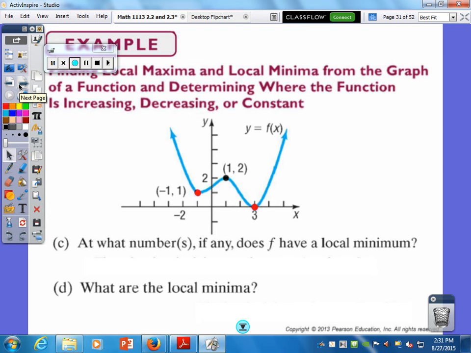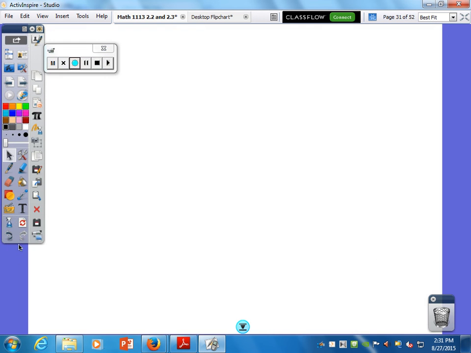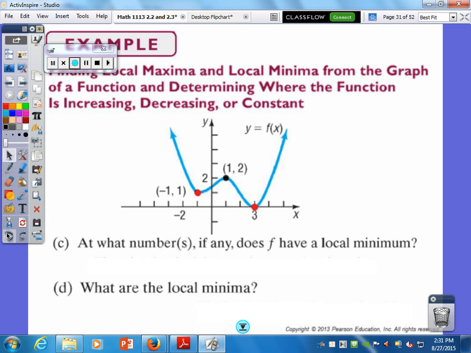They're localized in that I can put a boundary on the left and the right-hand side and say, hey, a minimum occurs there, and then a minimum occurs again over there. So you've got a local minimum occurring at x equal to -1 and x equal to -3, and those local min values are 1 and 0. 1 being the y value, 0 being the y value.